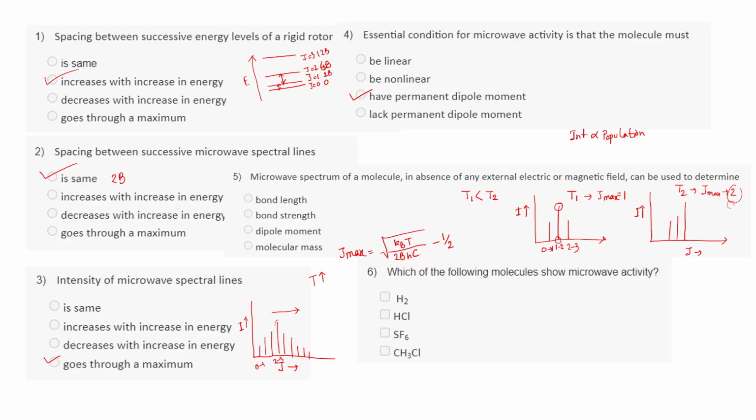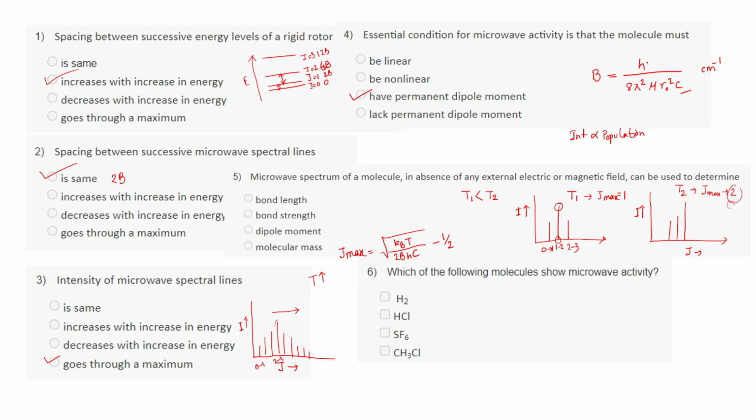To determine the bond length, it will come from B, the rotational constant. So what is B? In centimeter inverse, B is h over 8 pi square mu r naught square c.